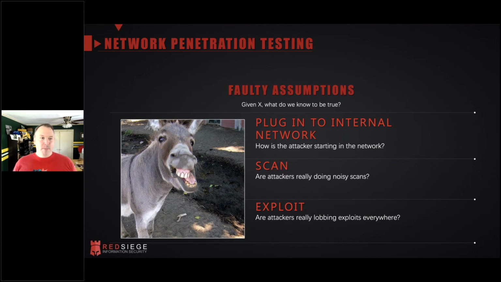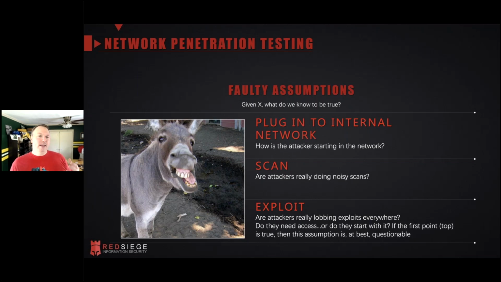We're getting much better at our patch management process. So the question here is, when the attacker starts, are they starting with access, or are they getting the access? That goes back to that phishing thing. When they first start, in a way, they're starting with that initial access.